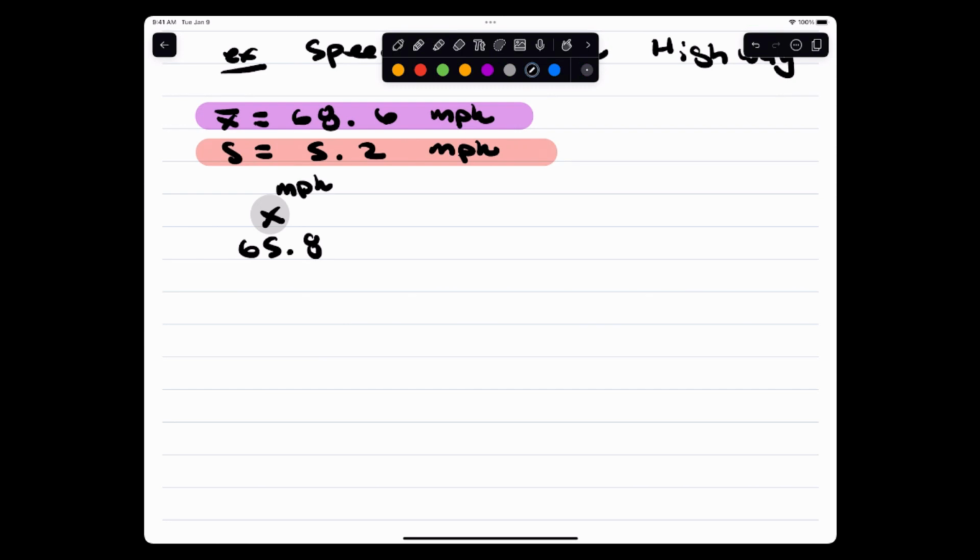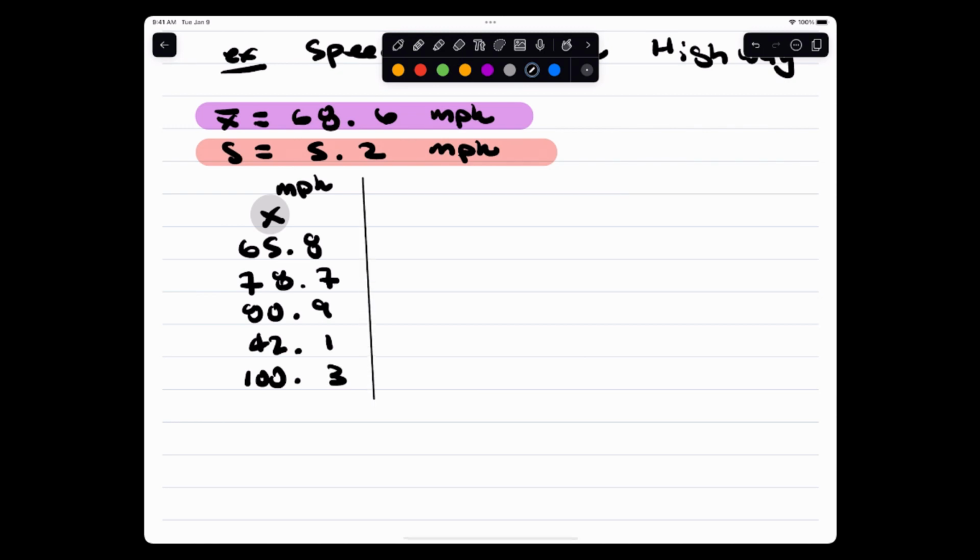And they're clocking people. Oh, 78.7, 80.9, 42.1, and then somebody driving by at 100.3. Okay? So these are all the data values for some CHP officer.